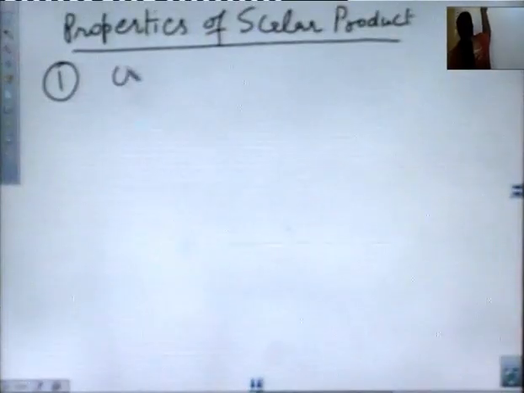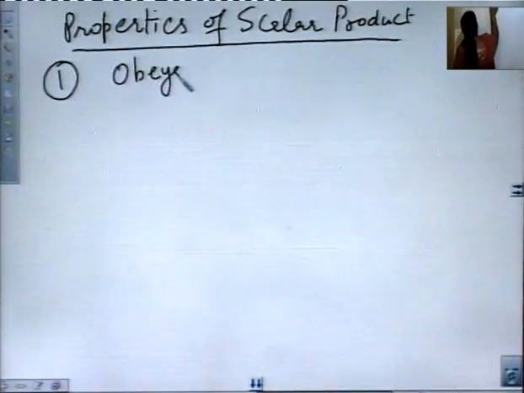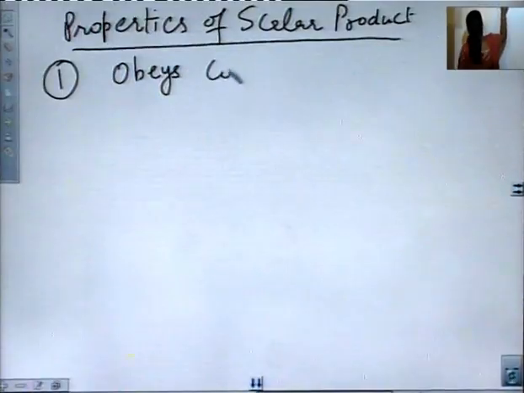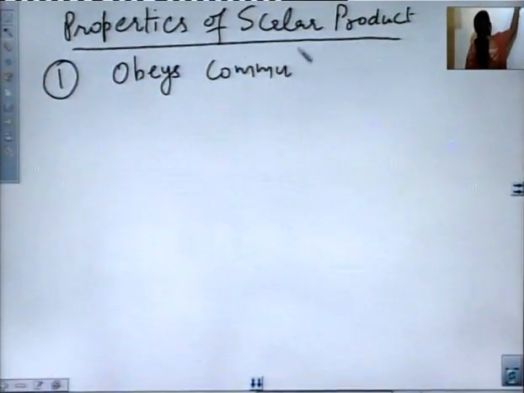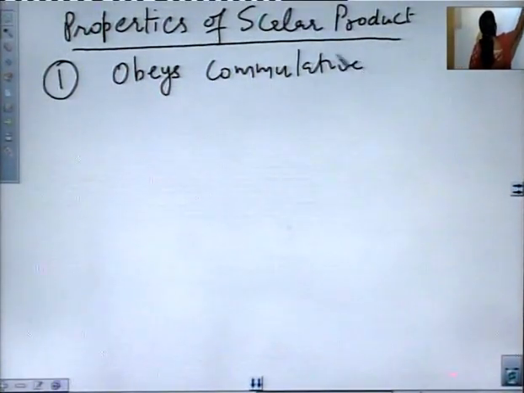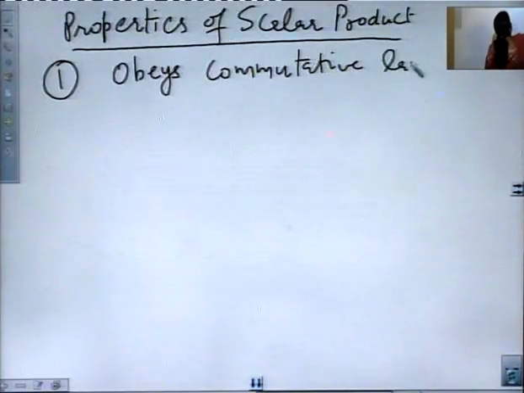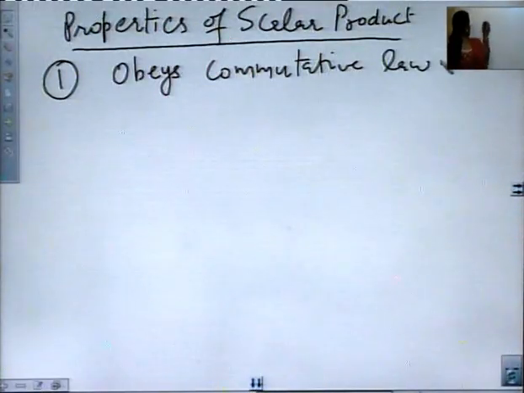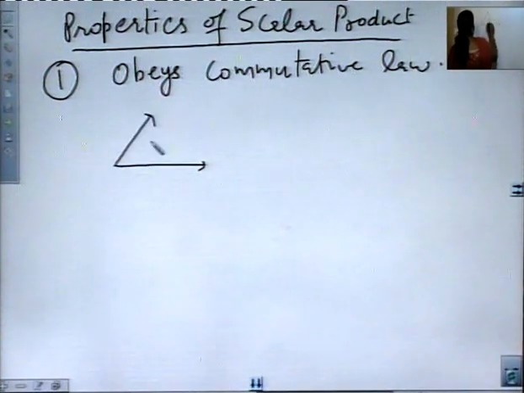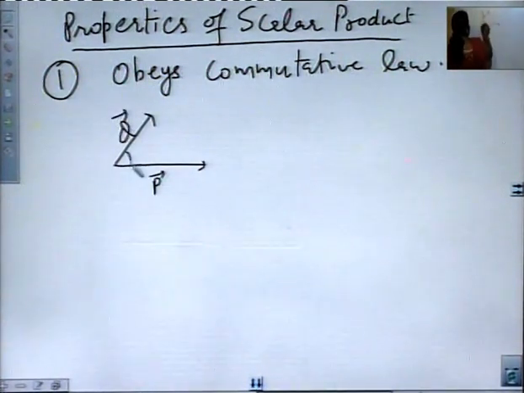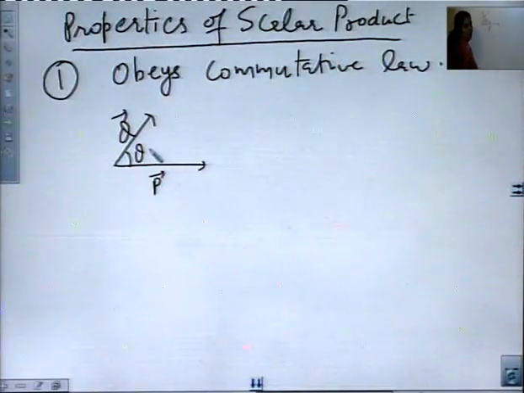First, it obeys the commutative law. Let us take two vectors p and q, and theta is the angle.